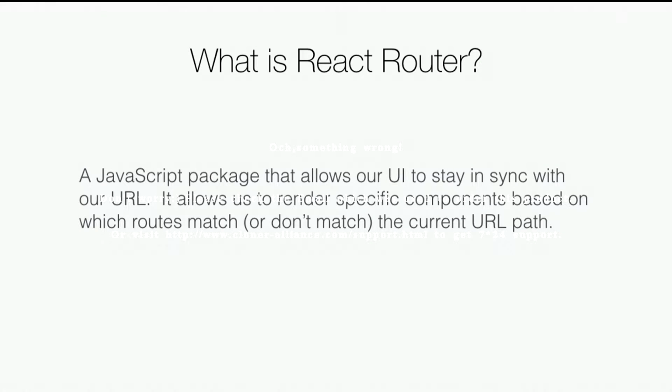So one thing I do want to make clear is that there are several routing options for React. This is just probably by far the most popular. It's not actually made by the Facebook team that makes React. It is a completely independent thing. But yeah, it's definitely the most popular one, so that's what we're going to learn.